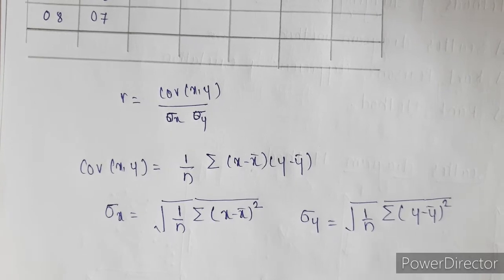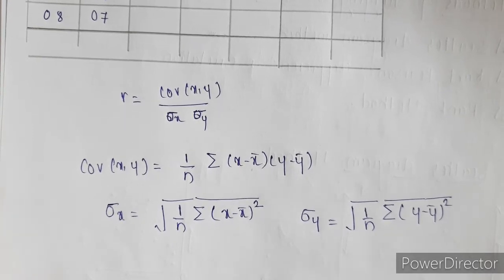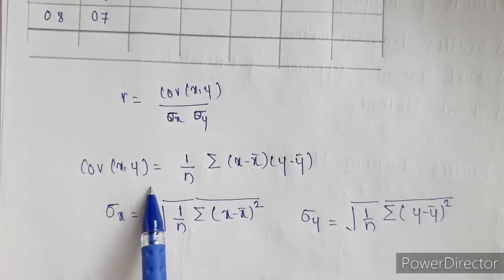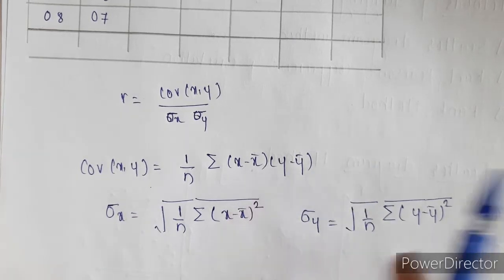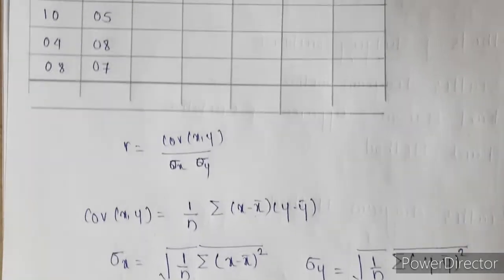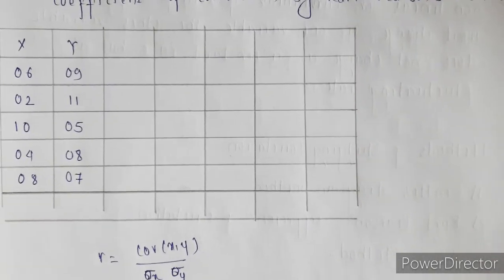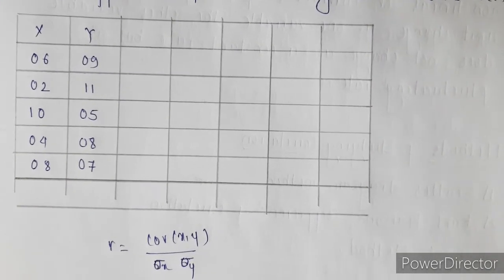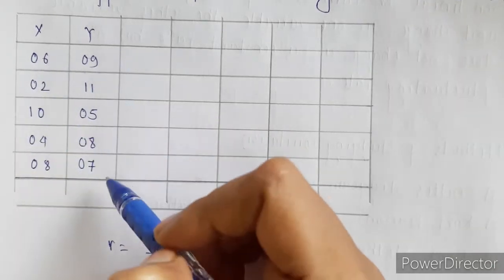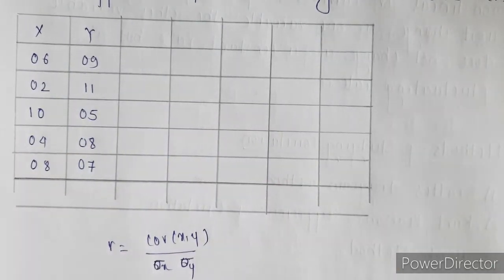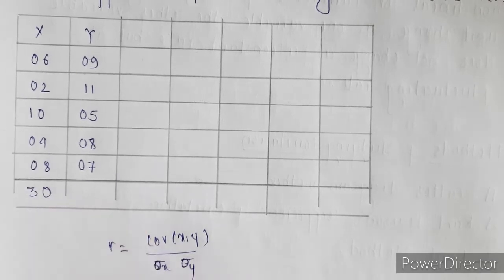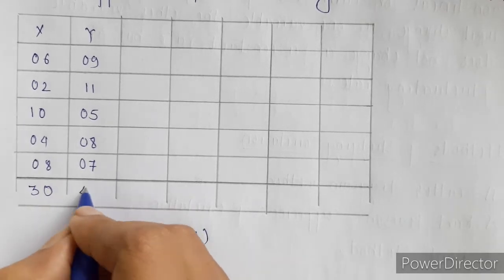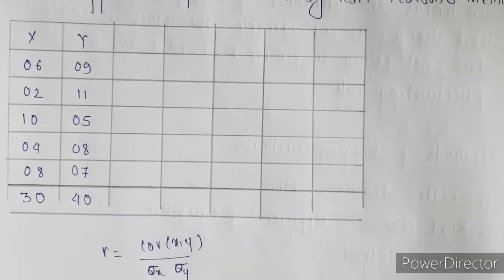Okay, so first we'll start with covariance. What we need is x bar, the mean of x, and y bar, the mean of y. So first we have to calculate the sums of x and y. After calculating, we get 30 for x and 40 for y.